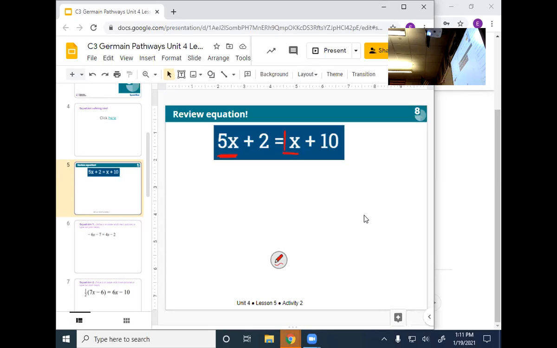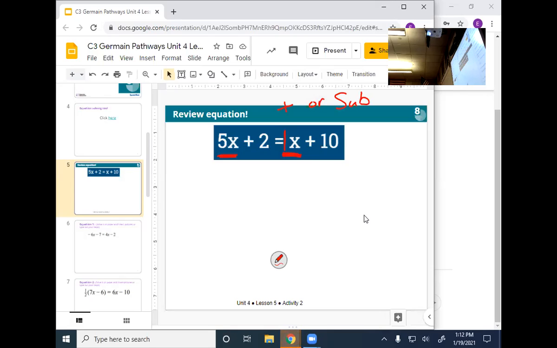Good. I want to move that 1X over to the other side, but the whole thing. When we move an X from one side to the other, we can only use addition or subtraction. So if we want to move this whole thing over to one side, we can either do addition or subtraction.